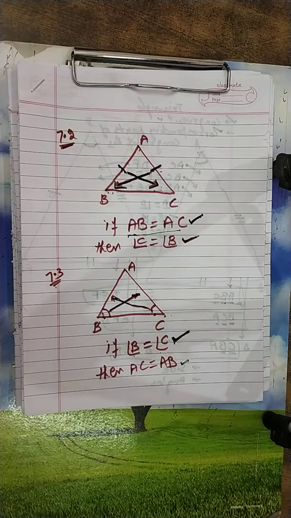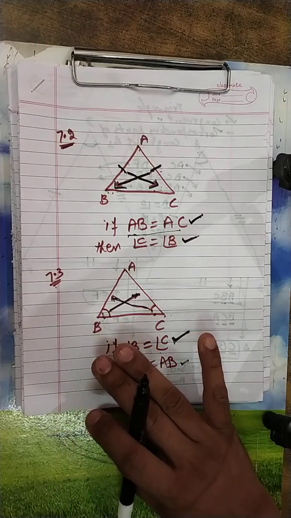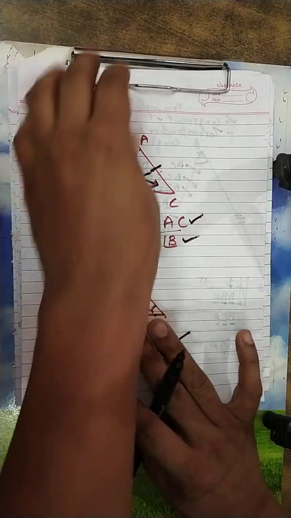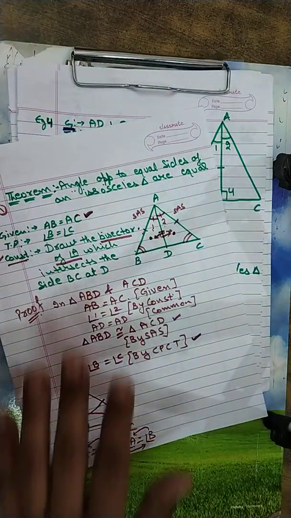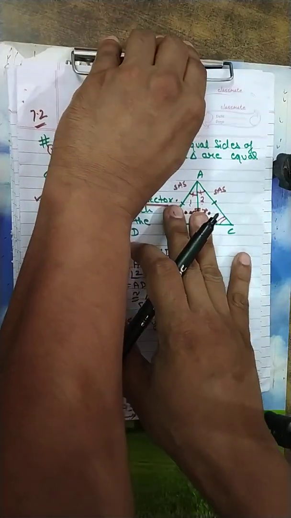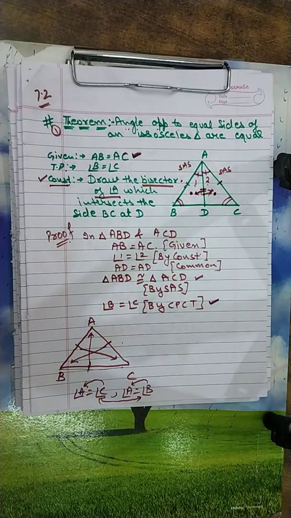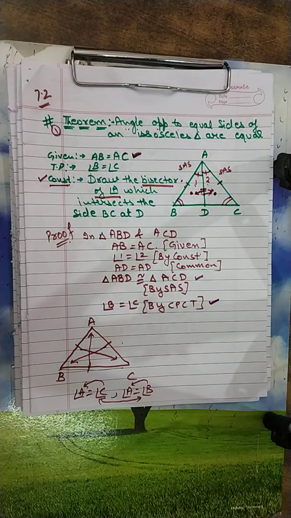By theorem 7.3, the sides opposite to equal angles of a triangle are equal. Clear? Meaning of the theorems clear? These two theorems are in your syllabus, so you have to prove them and write these two theorems in your geometry copy also.